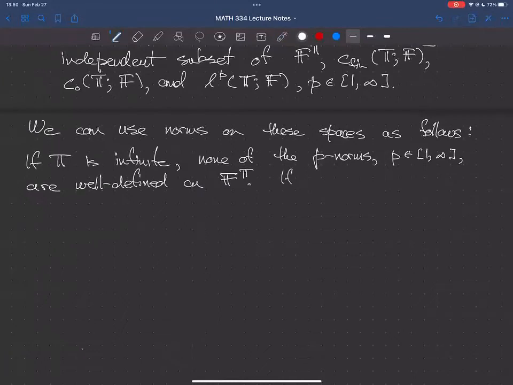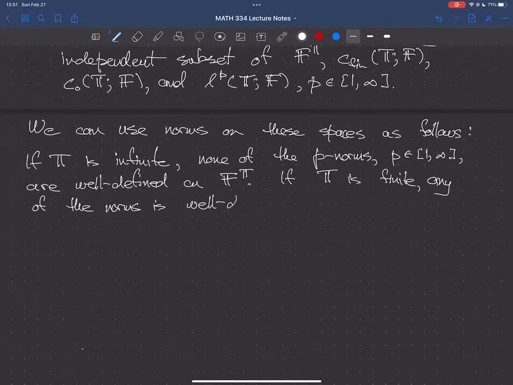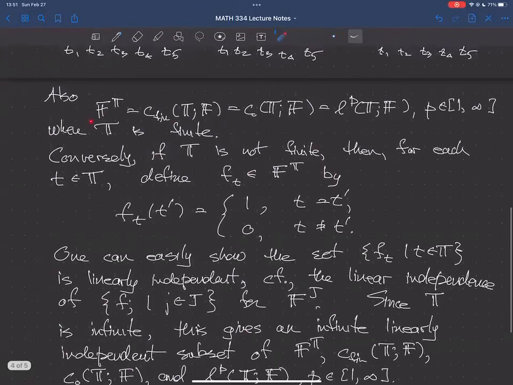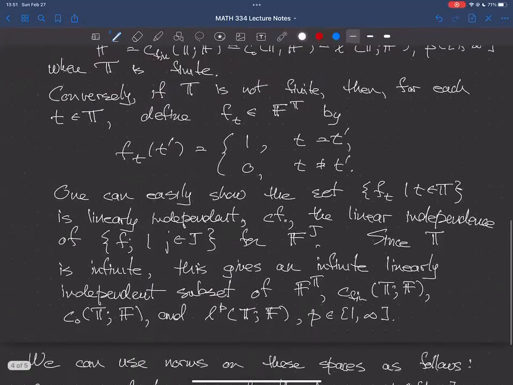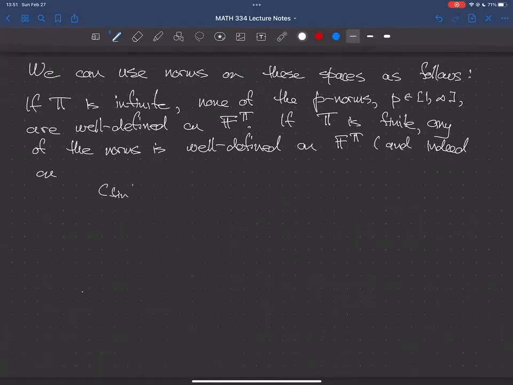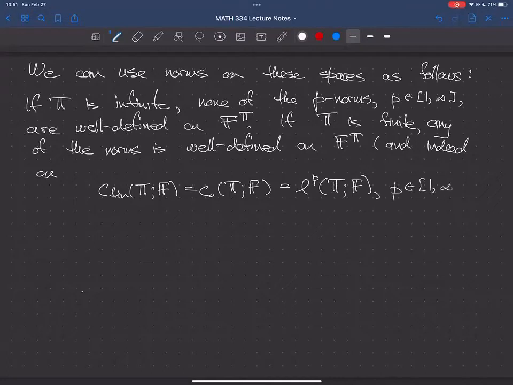If T is finite, any of the norms is well defined on F^T, and indeed on all of the other spaces, because all the other spaces are equal to F^T.